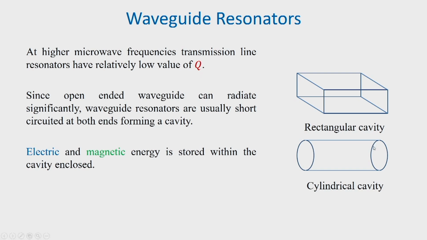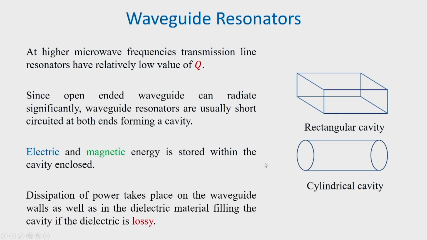Similarly, it is a circular waveguide with end caps at both the ends. Now, the dissipation of power takes place on the waveguide walls as well as in the dielectric material filling the cavity if the dielectric is lossy.